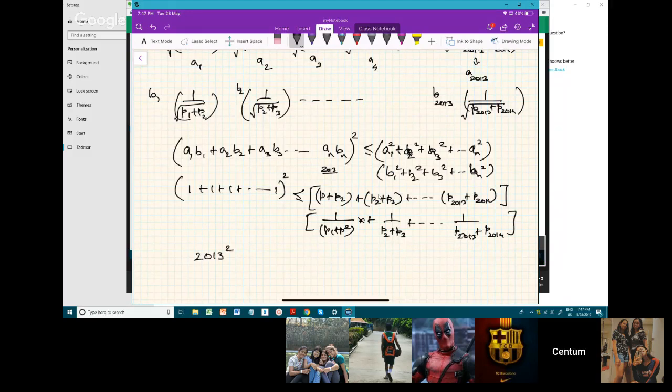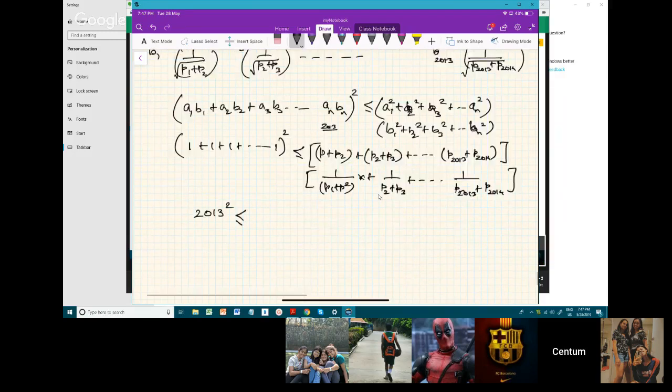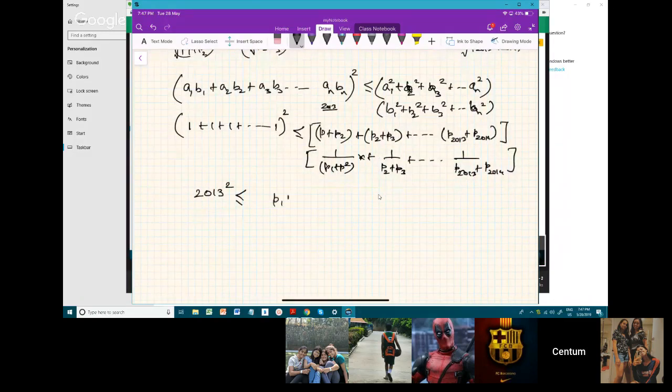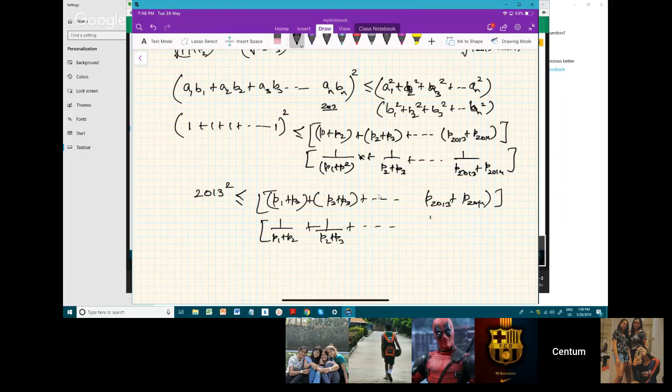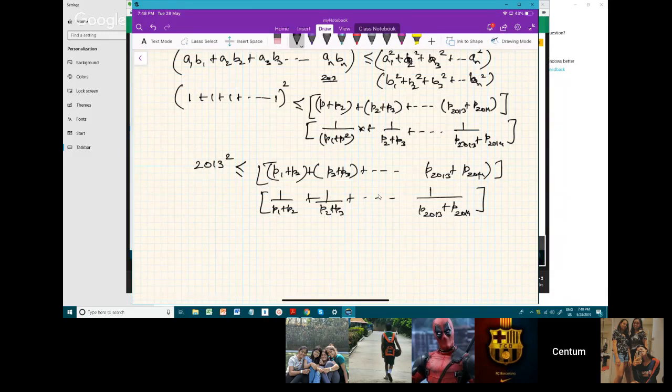So 2013 squared is less than or equal to (P1 plus P2, plus P2 plus P3, plus dot dot dot, P2013 plus P2014) multiplied by (1 upon P1 plus P2, plus 1 upon P2 plus P3, plus dot dot dot, 1 upon P2013 plus P2014). Now, if you closely look at it, what can I say?